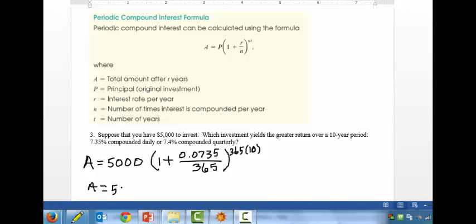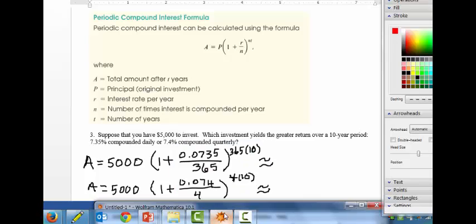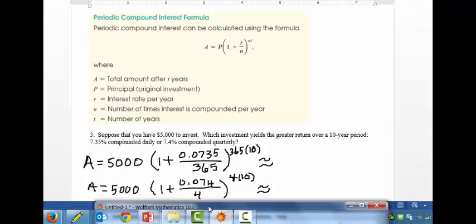So when we compound daily, that's 365 times a year. So we replace N with 365, T with 10, R with 0.0735, and P with 5,000. To find the other value, the only difference is our N is 4, quarterly compounding is 4 times a year, and our R is 0.074.